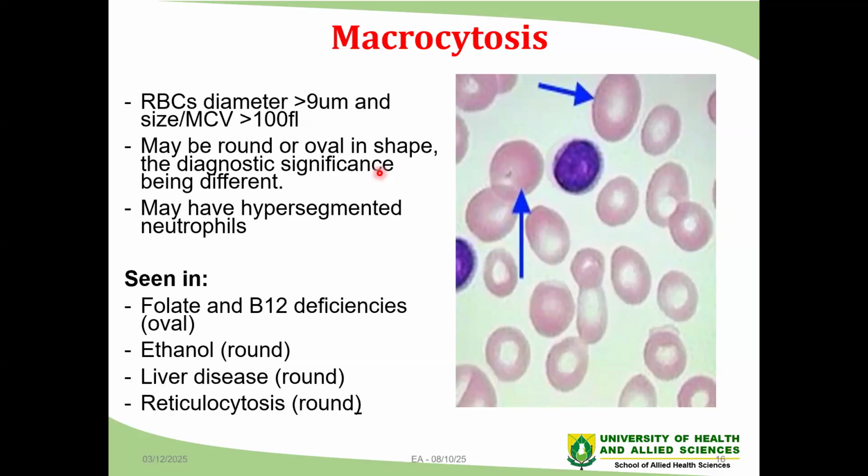And then in the case of alcohol abuse, the red cells will usually look round. Then in the case of liver disease, the red cells will also look round.